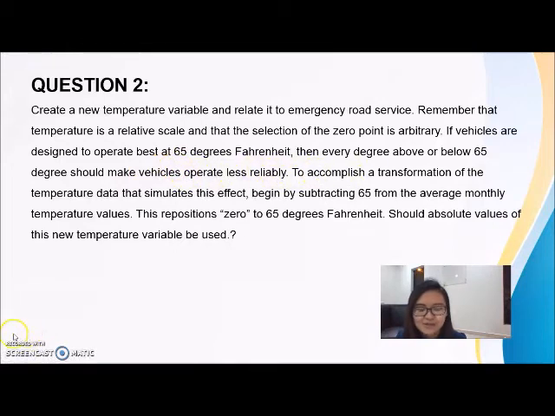To accomplish a transformation of the temperature data that simulates this effect, begin by subtracting 65 from the average monthly temperature value. This transition makes 0 equal to 65 degrees Fahrenheit, and the absolute value of this new temperature variable should be used.